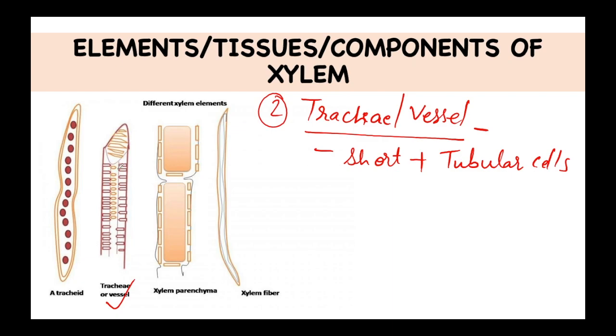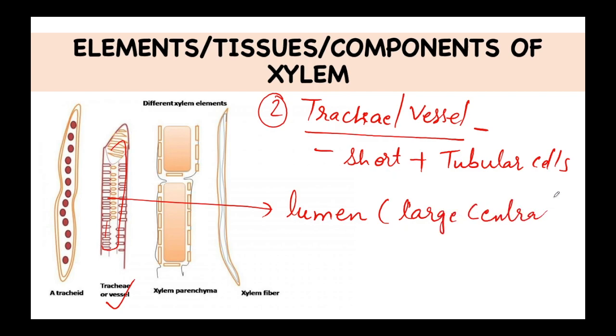It means the cell wall is made up of lignin, and if you could see, they have a large central cavity. This large central cavity is known as lumen.